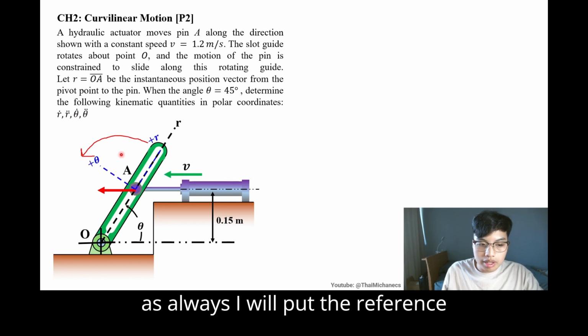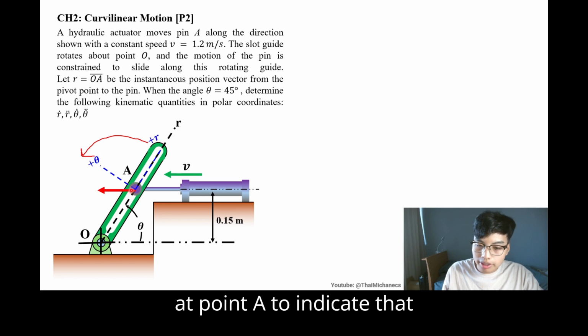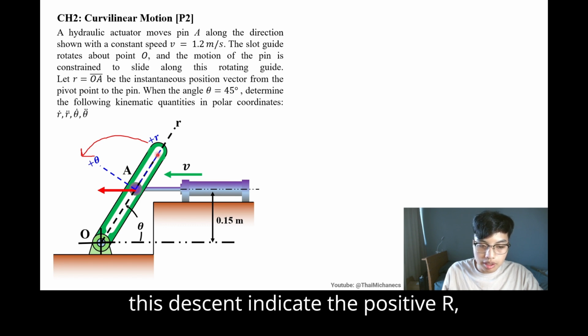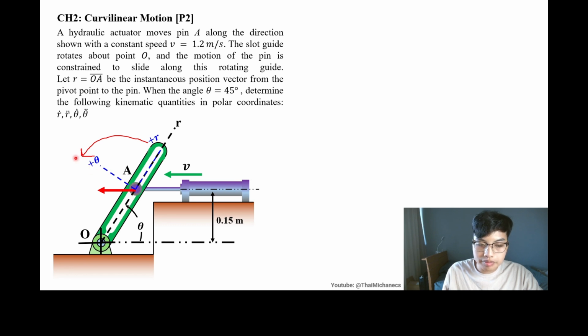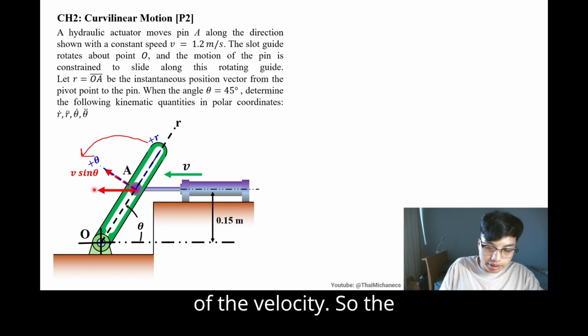As always, I will put the reference r and theta perpendicular to each other at point A to indicate that this distance is the positive r, and this distance is positive theta. Then we distribute the velocity.